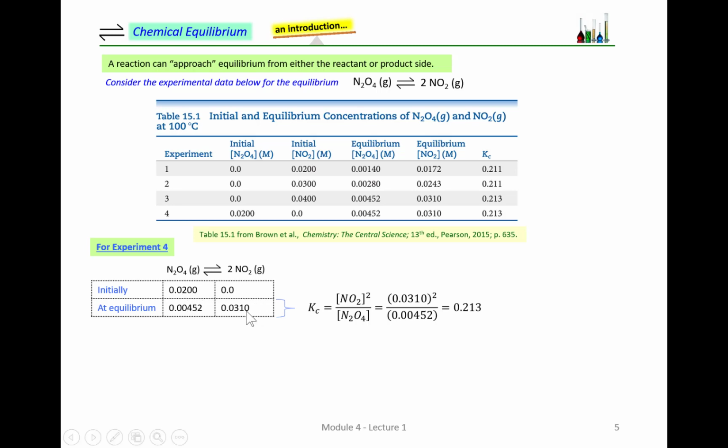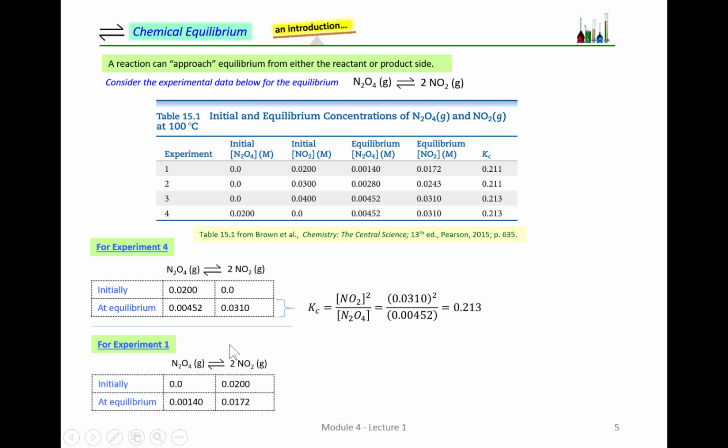Now in experiment 1, if you look on the table, the opposite occurs. What I mean by the opposite is, instead of starting with reactant, this experiment actually starts with the product and no reactant, which seems somewhat counterintuitive, but remember, this system wants to reach equilibrium.